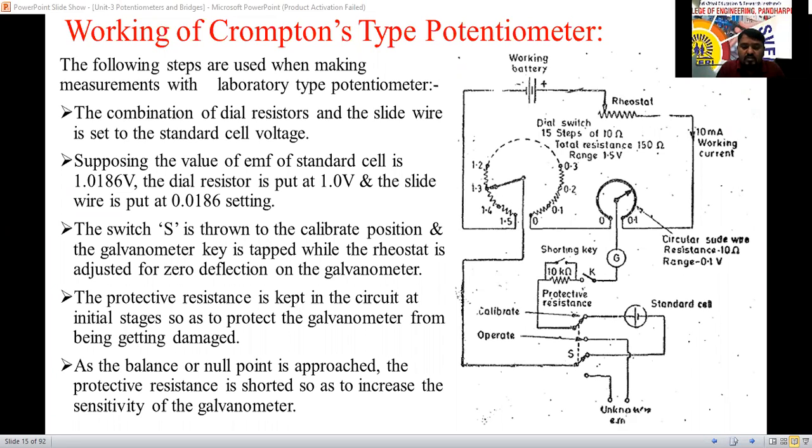Here 1 volt they have kept. This is 1 volt here. 1.2 is there.